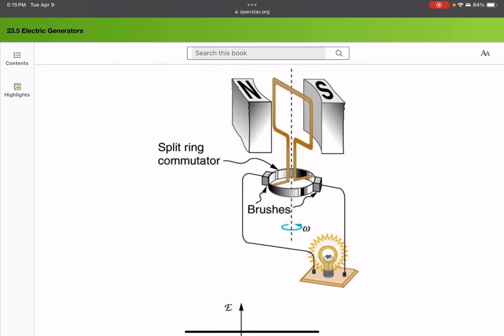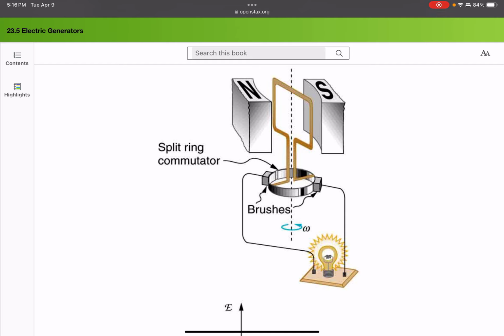So what do we do? We do a split ring commutator. And I don't know if you can see where the ring is split, but right there next to the arrow, you see a little gap. Okay, that gap means that the brushes will only touch the side that is bringing down current or bringing up current from the other side.